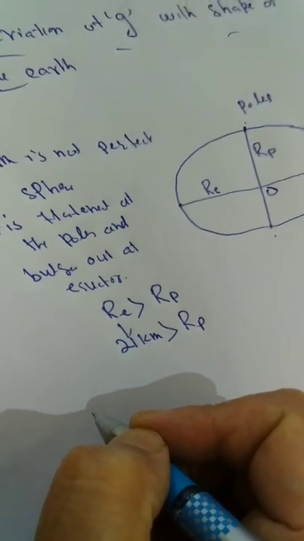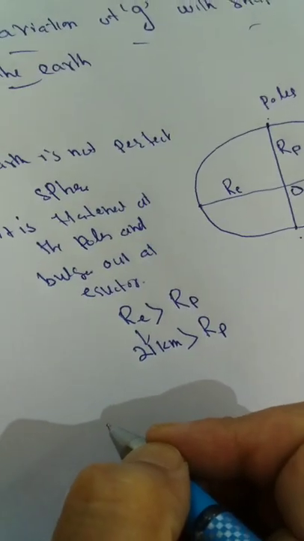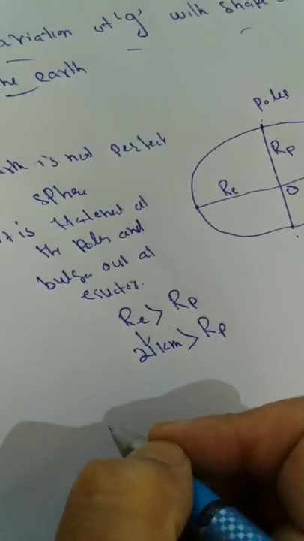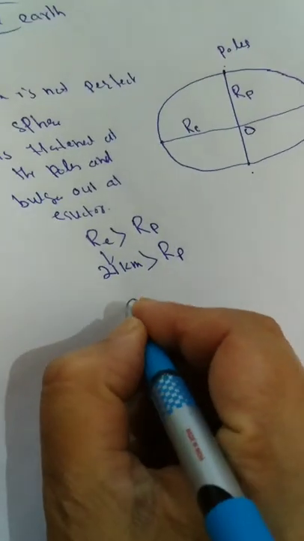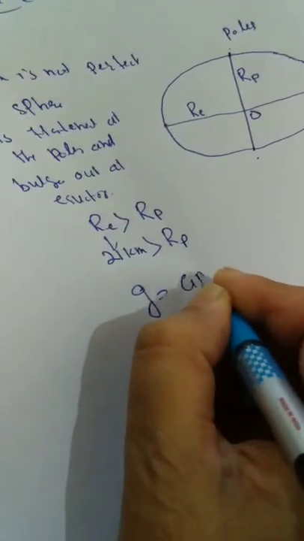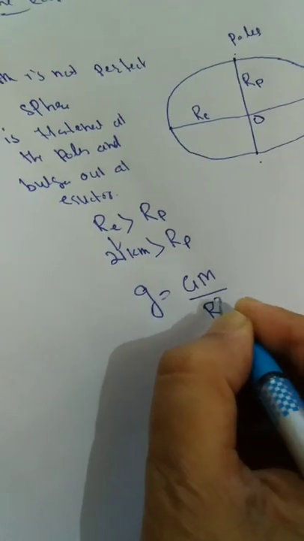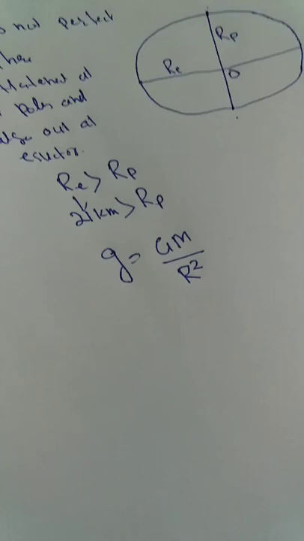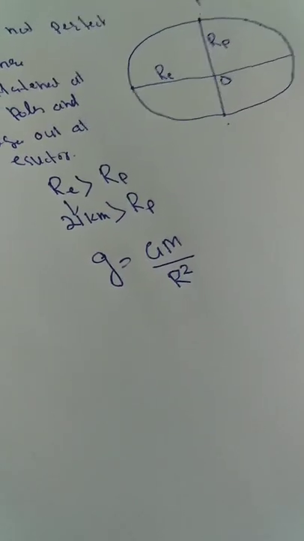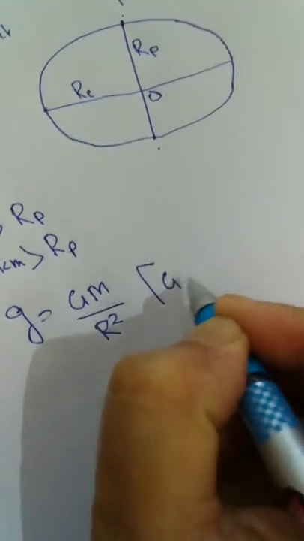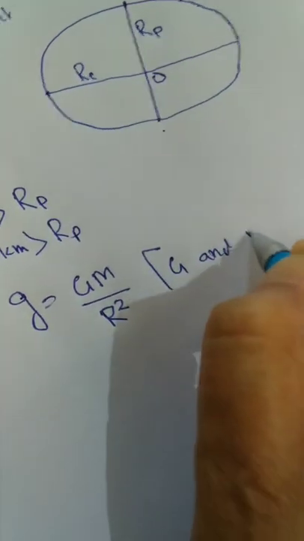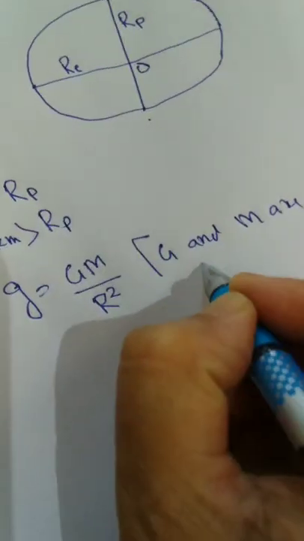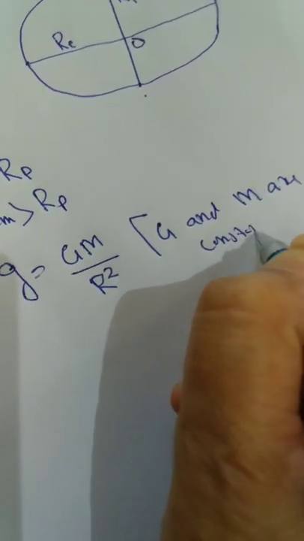Now recall the relation for acceleration due to gravity. Acceleration due to gravity on the earth's surface is given by g equals GM divided by r squared, where G is the universal gravitational constant, M is the mass of the earth, and r is the radius of the earth. Here G and M are constants.